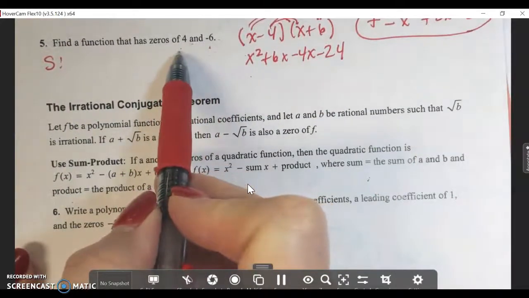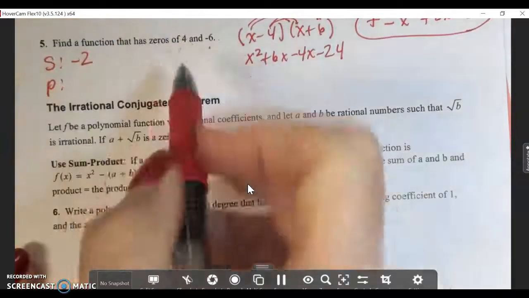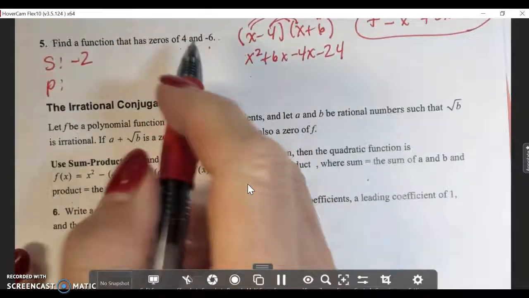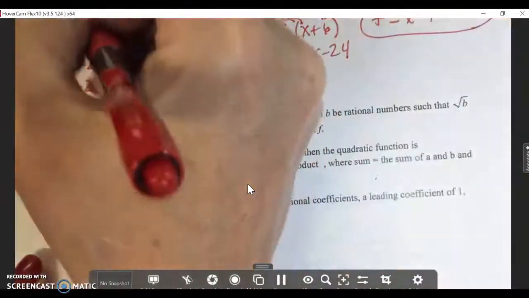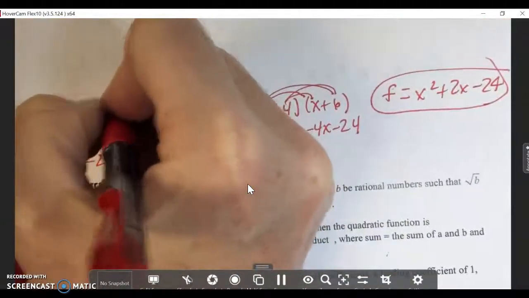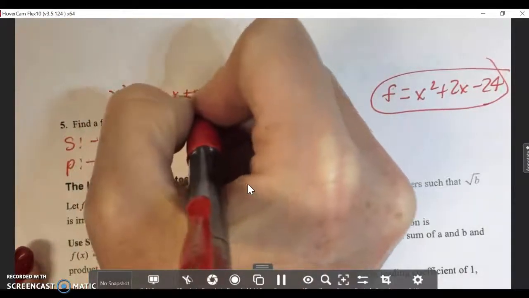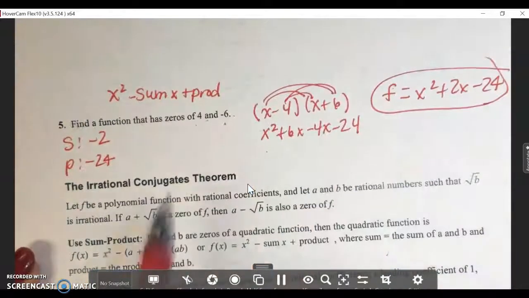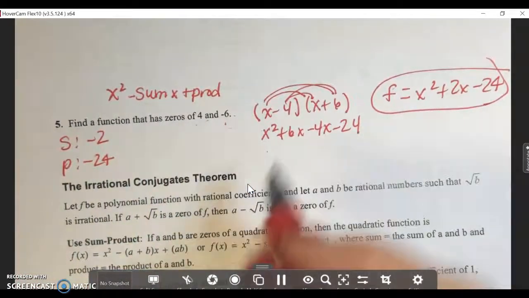What do we get if we add them? And then the product is going to be what we get when we multiply them. So remember our formula we talked about, how it goes x squared minus the sum x plus the product. And that should give us another way of coming up with the function that has these zeros.